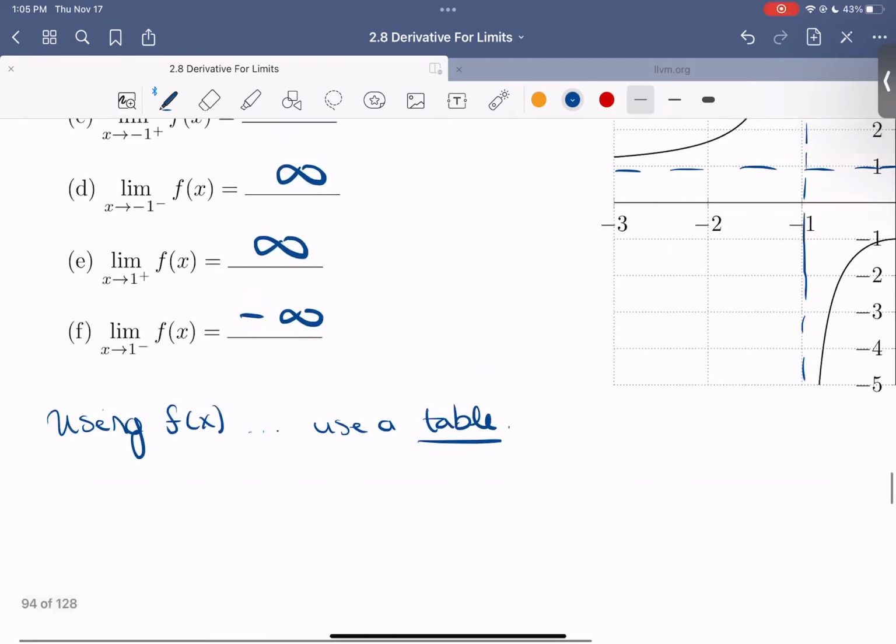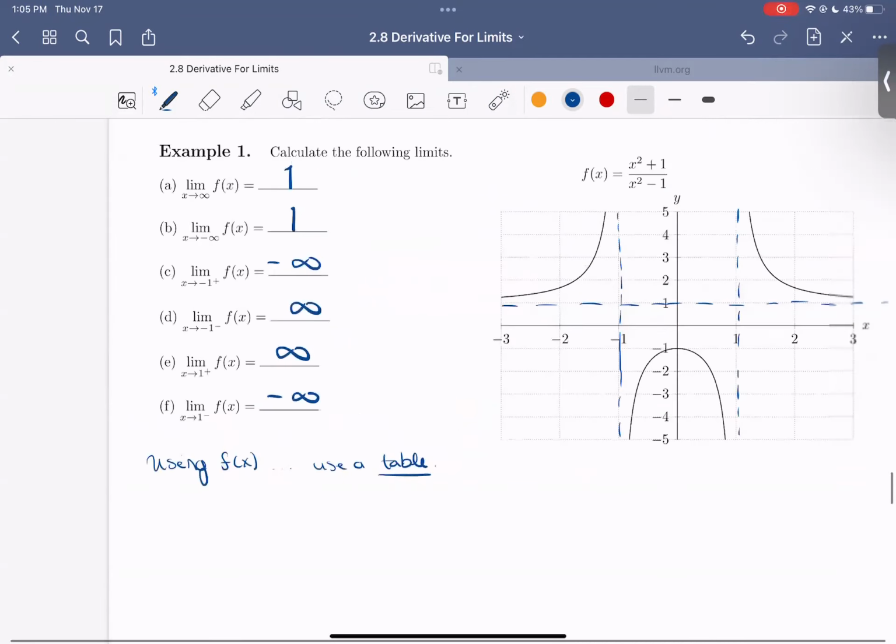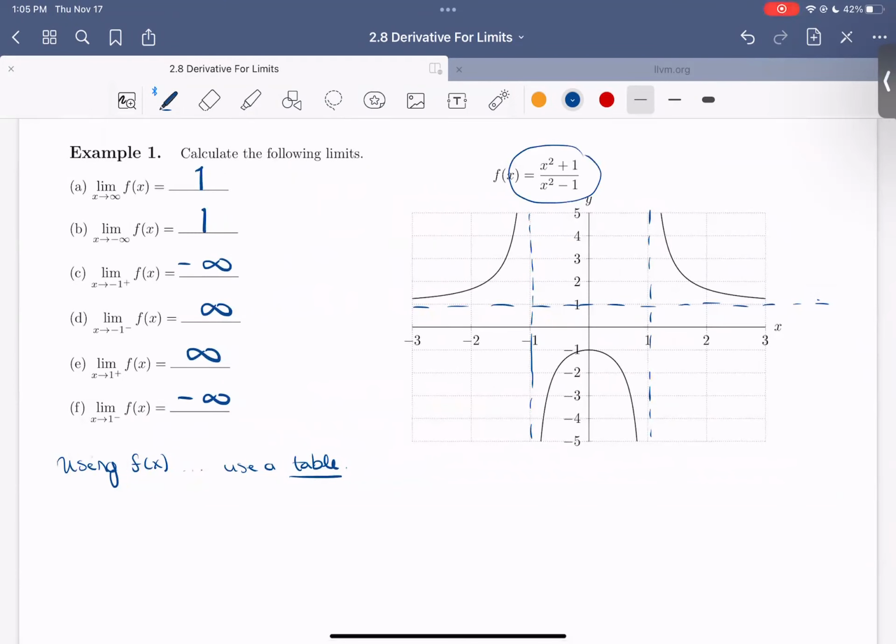The reason why we'd have to use a table is because this function is unique compared to some that we've looked at, because there's nothing that cancels when we try to plug in a value for x. We see that because the denominator can factor as x plus 1, x minus 1, but the numerator does not factor.